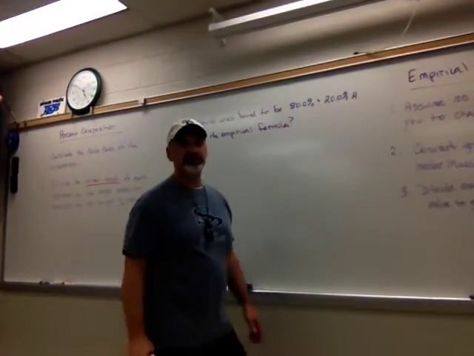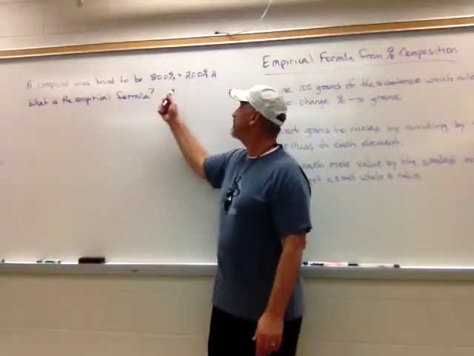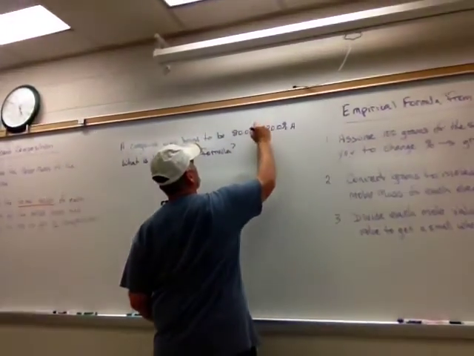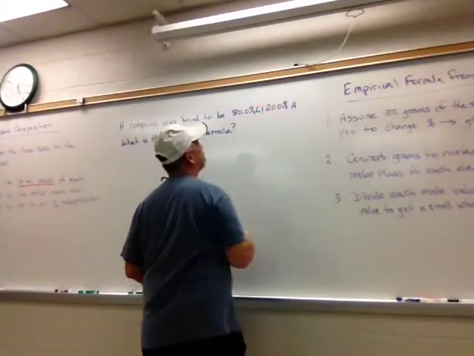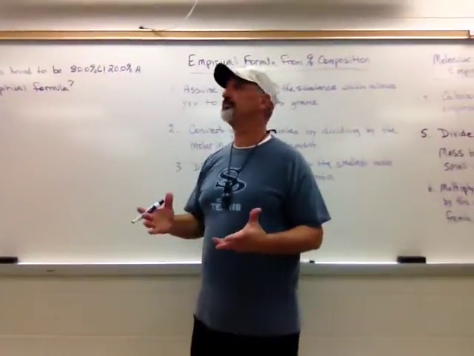Okay, so there's your question. What's the empirical formula? A compound is said to be 80% carbon and 20% hydrogen. Okay, 80% carbon, 20% hydrogen.